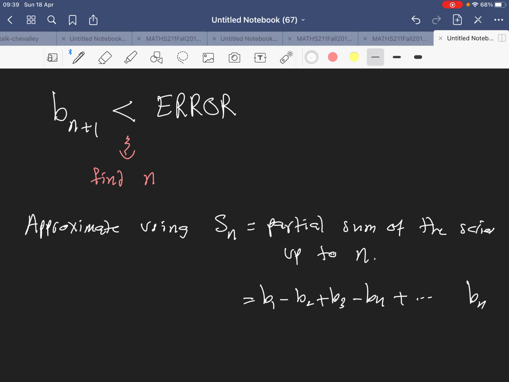I don't know, maybe it's plus or minus, depending on the series. But you stop at bn, and this is the approximation for the series. So we don't write equal. What I will write is approximately. So this approximates this, and that's how we will do the error, and that's how we will approximate the series.